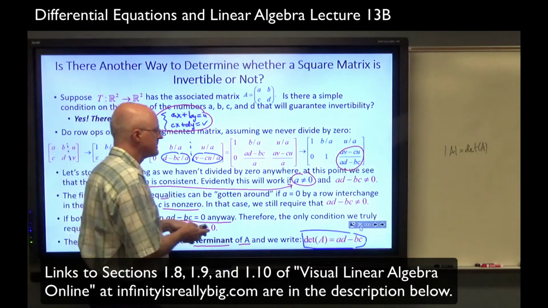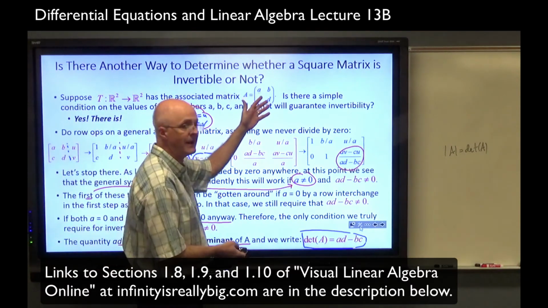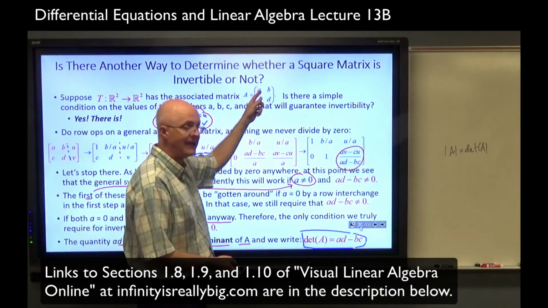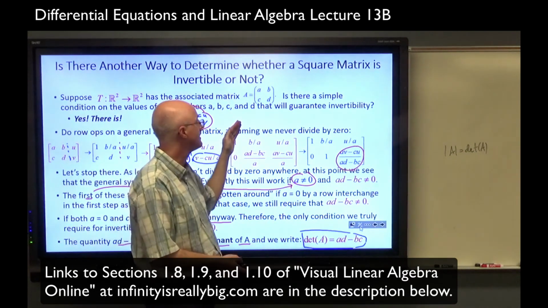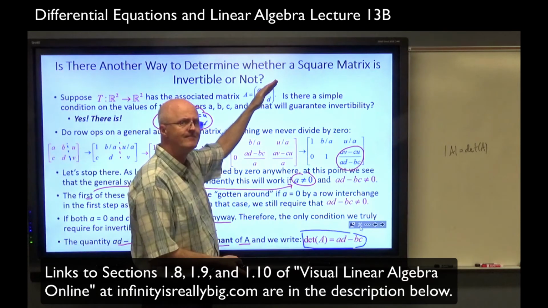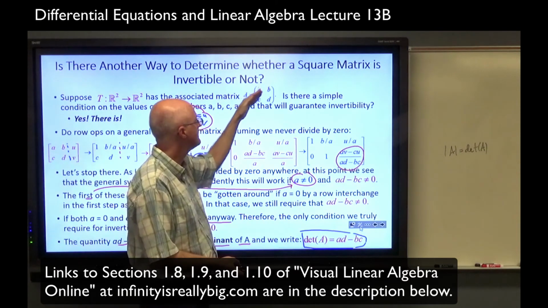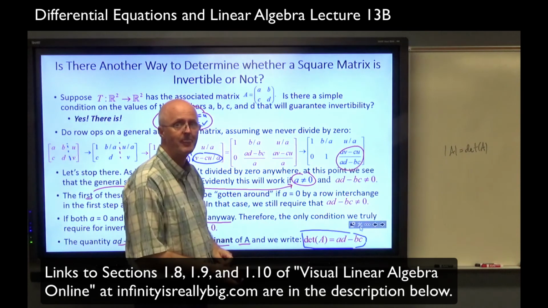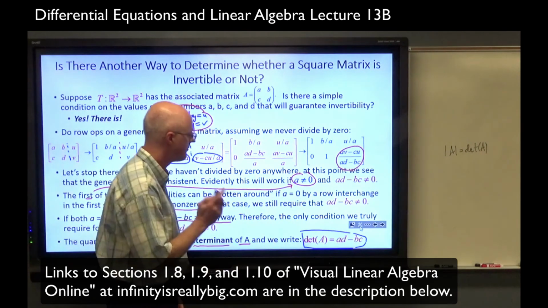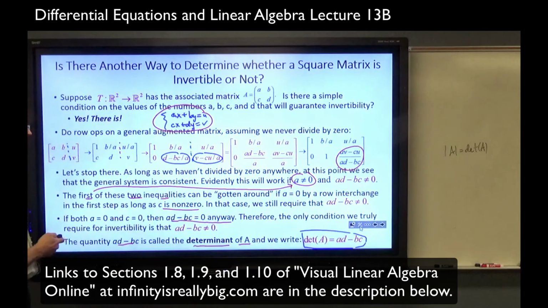You can think of it as an algorithm: take your 2 by 2 matrix, multiply the entries on the main diagonal, A times D, and subtract the product of the numbers on the off diagonal, B times C. AD minus BC. That's a helpful way to remember. You should always remember that for the rest of your life.